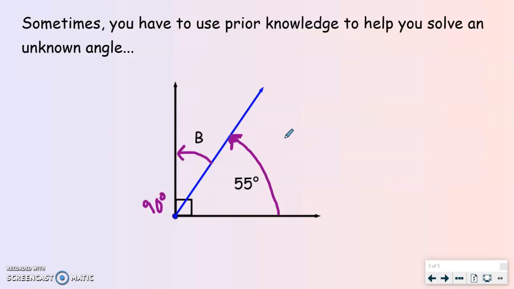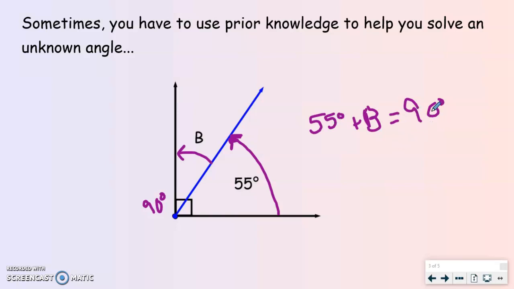So we know that if we took 55 degrees and added the measurement of angle B, those two amounts together would give us the 90 degrees that create this right angle. So this is a decomposed right angle. Again, we can just do the opposite operation.